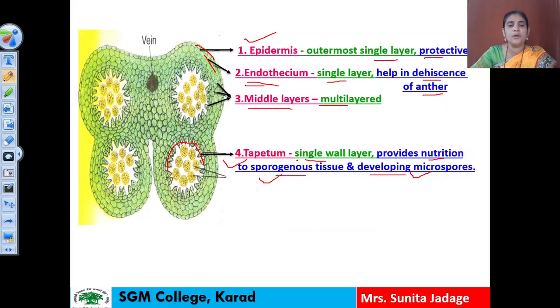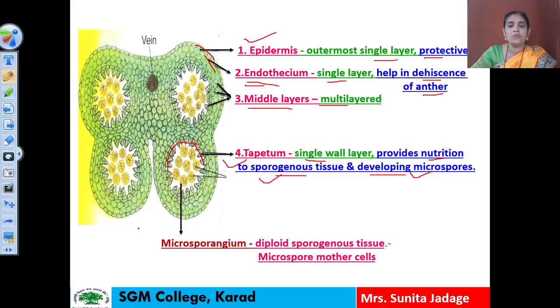Now the second part is known as the microsporangium or pollen sac, and this microsporangium shows diploid sporogenous tissue, which has microspore mother cells inside it. Here you can see this cavity-like structure, which is a single microsporangium, but this anther is the dithecous type showing four microsporangia.